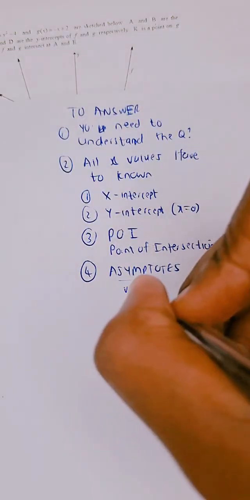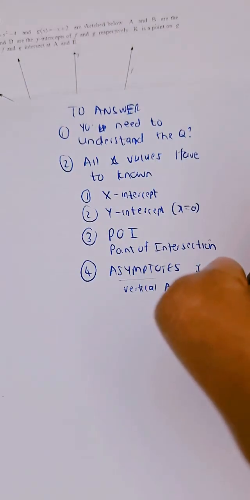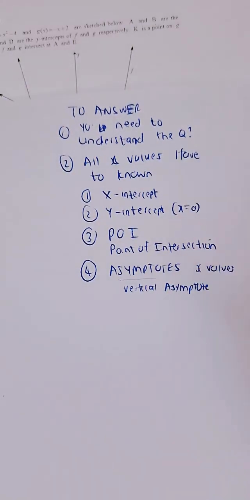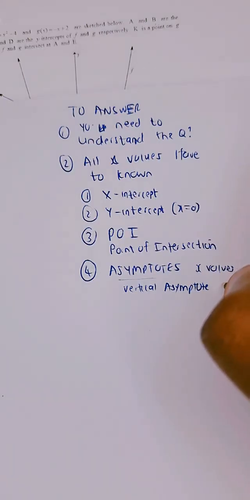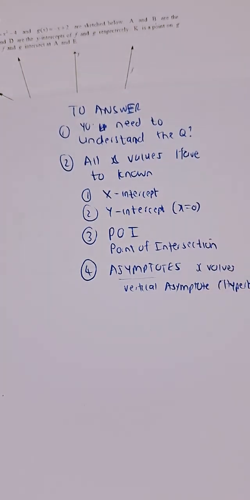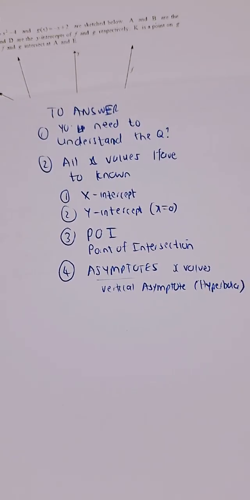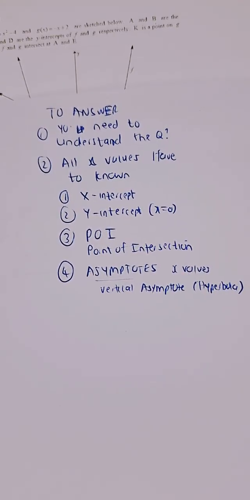And obviously, this would only apply to the vertical asymptote, which is specifically the vertical asymptote of your hyperbola, which is always x is equal to 0 for our grade 10 graphs, with variations and changes when you go to other grades.